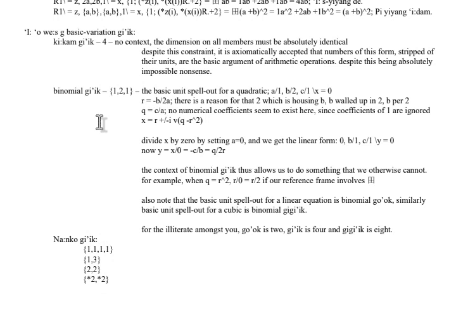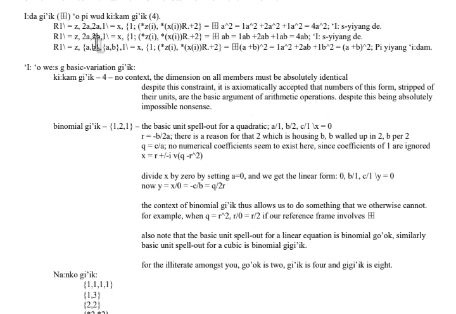So here, up here, when we're looking at this, this binomial gig turns out to be the same as a gig, and this binomial gig turns out to be the same as a gig, and this binomial gig disappears because the gig, the contextless gig, eats itself, it annihilates itself.